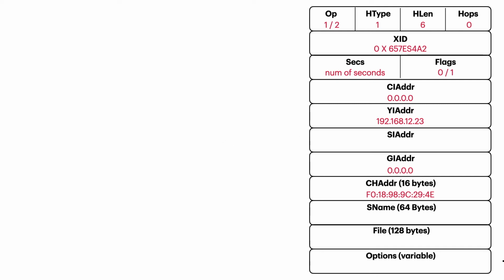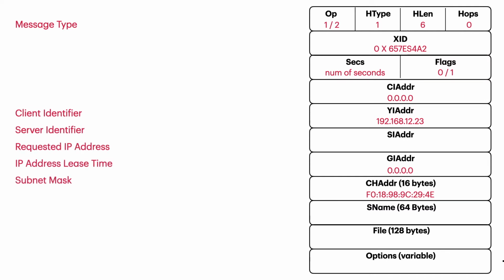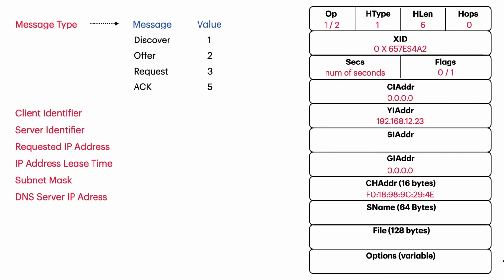The last field is options, which is variable in length in different messages and contains the information about message type, client identifier, server identifier, requested IP address, lease time, subnet mask, and DNS server IP address. Message type represents whether the message is discover, offer, request or acknowledgement. Client identifier usually contains the client's MAC address. Server identifier is the IP address of the DHCP server.